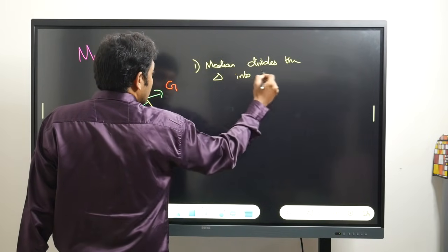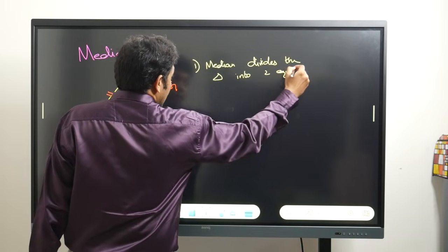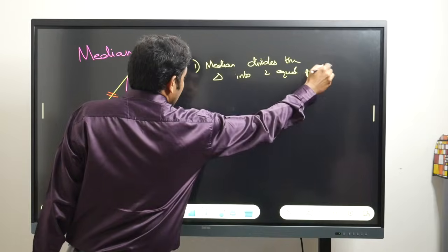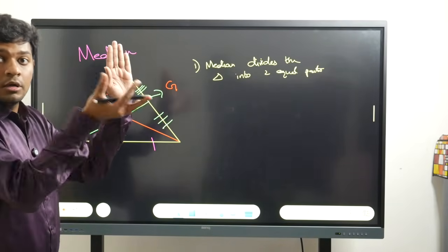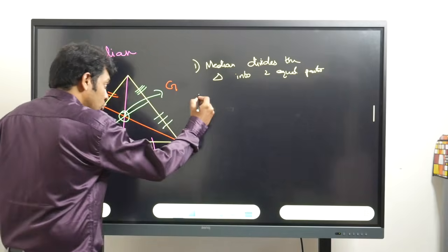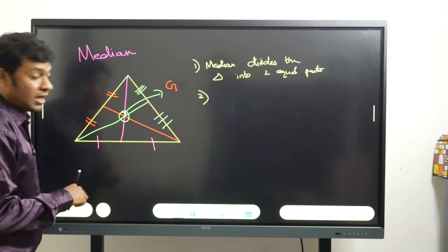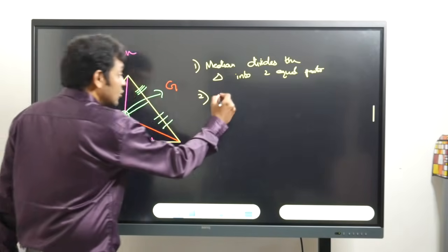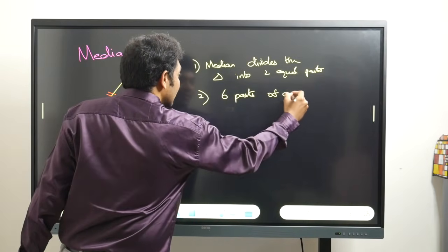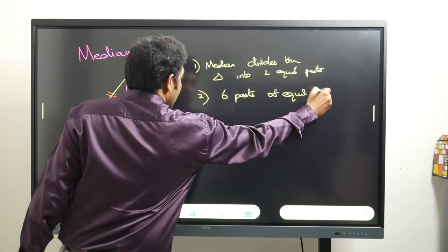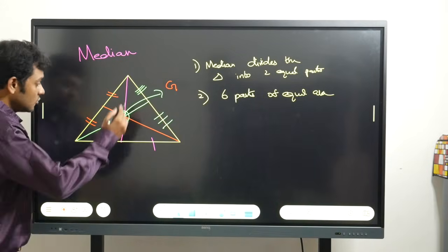Point number two: the three medians divide the triangle into six parts of equal area. So here we have six parts.